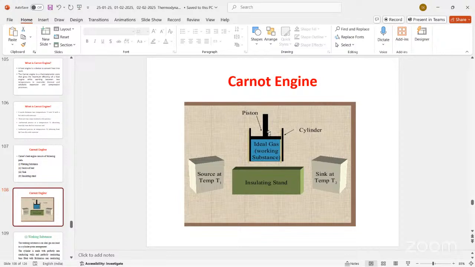This is the piston, and this is the cylinder. The blue one is the ideal gas, and this is the insulating stand. How will this substance work?